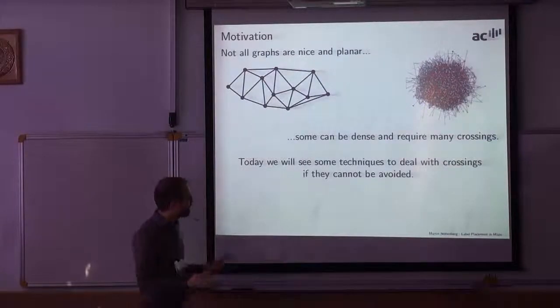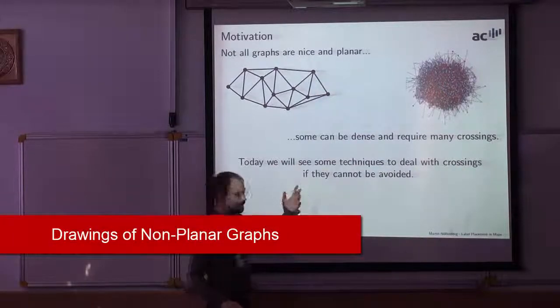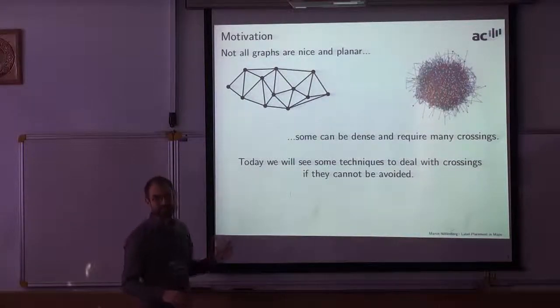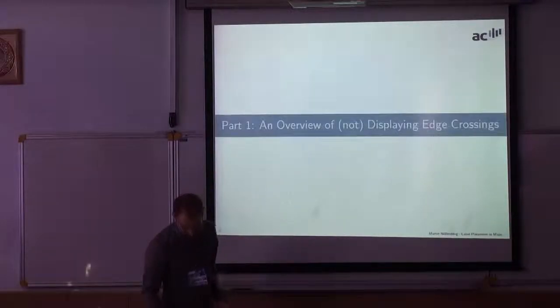So in this lecture today we will see a little bit of techniques, maybe more motivated from algorithms and theory, how to deal with crossings if we know that they cannot be avoided. This lecture has two parts.